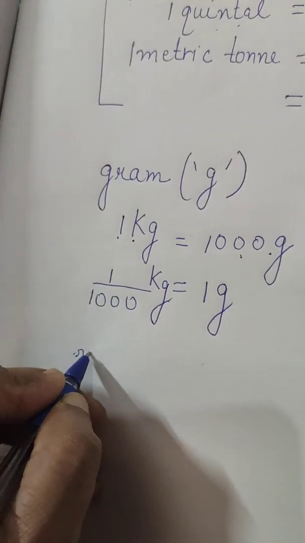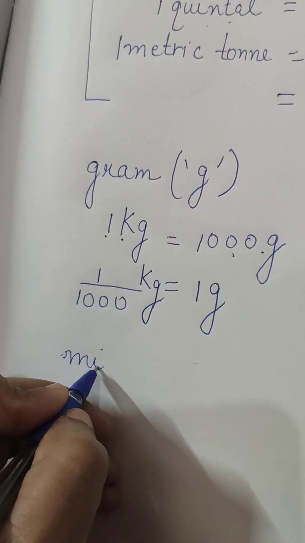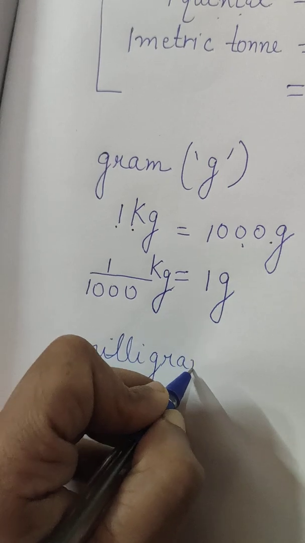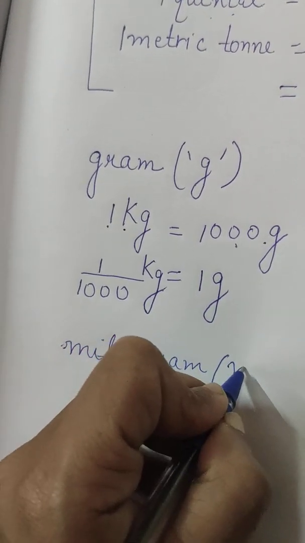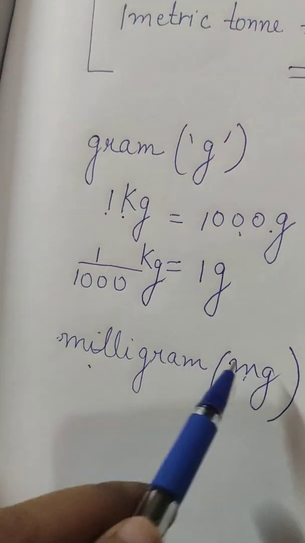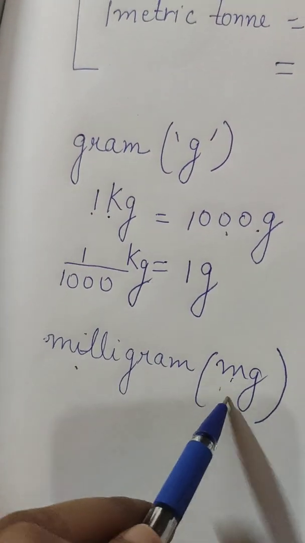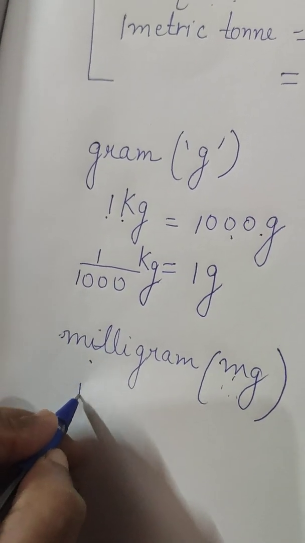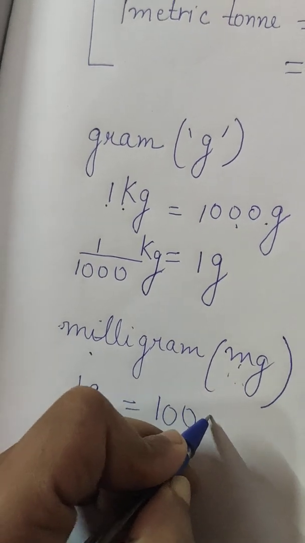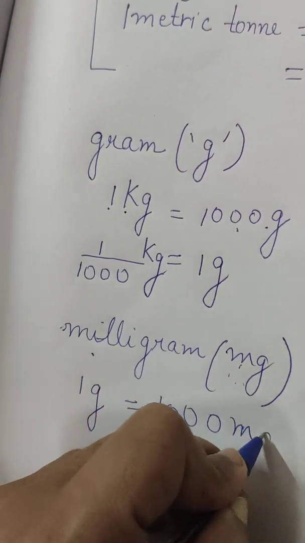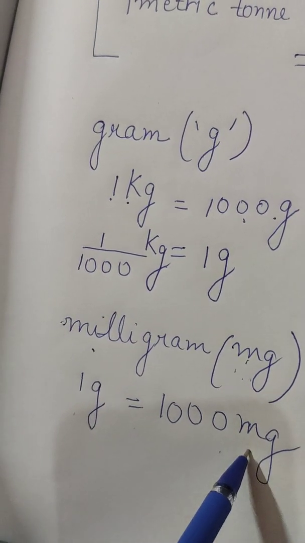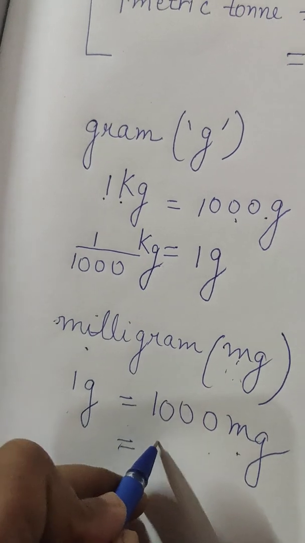Next we have the milligram, smaller than the gram. It is represented as mg. So we know that 1 gram is equal to 1000 milligram.